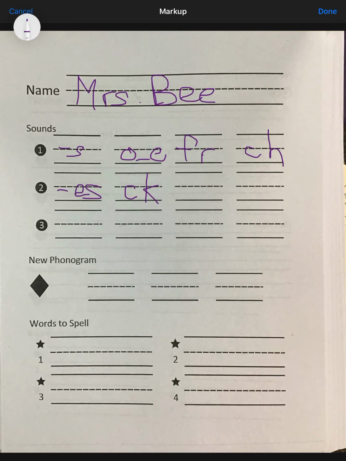That would be A magic E A, like cake. Our next sound is this is a thorn and that is a thistle. T-H.